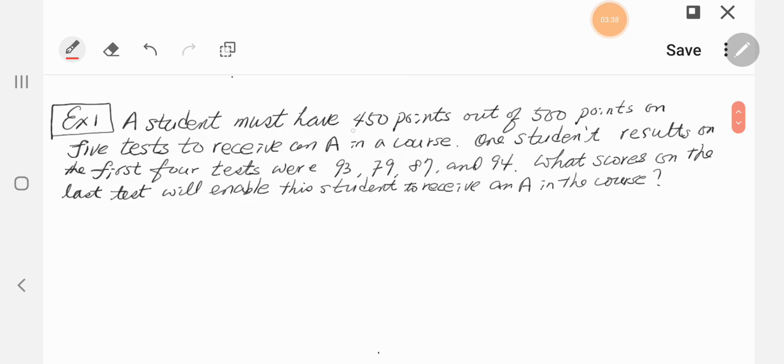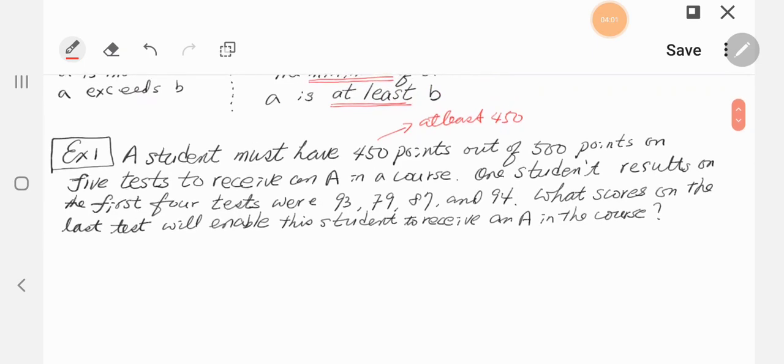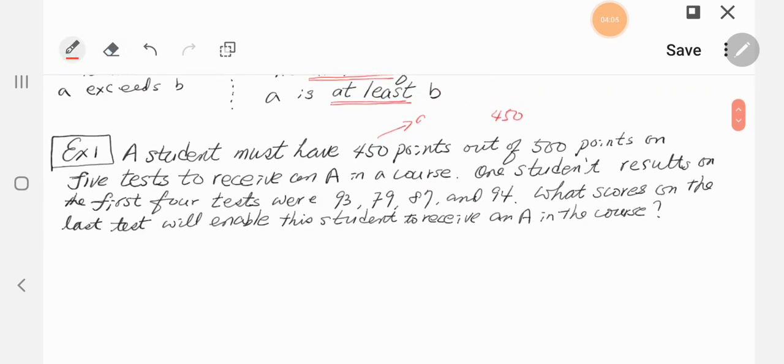So the sum of all 5 test scores should be at least 450. At least means the minimum is 450.